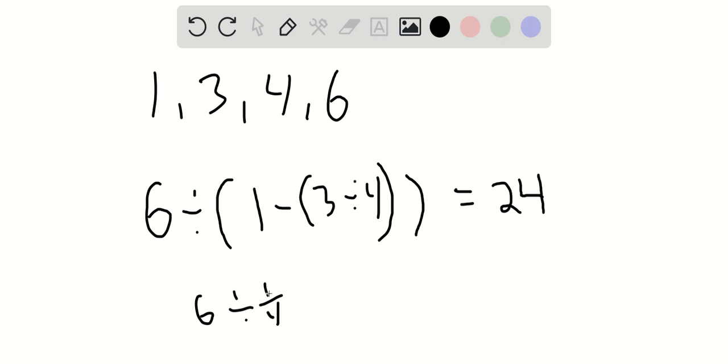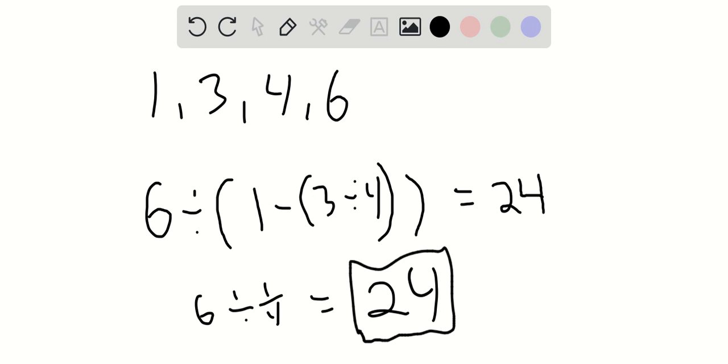So therefore, there are 24 1/4 in 6. So 6 divided by 1 minus 3 divided by 4 is 6 divided by 1/4, which is 6 times 4, which indeed is equal to 24. Woohoo! We got it. All right. Take care.